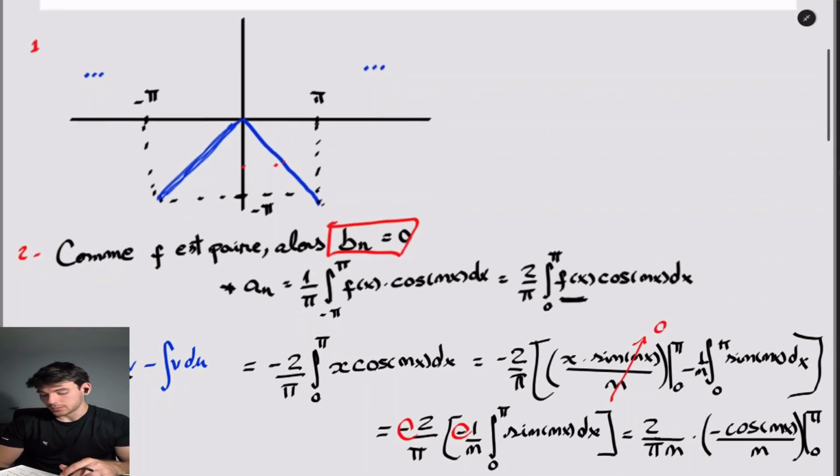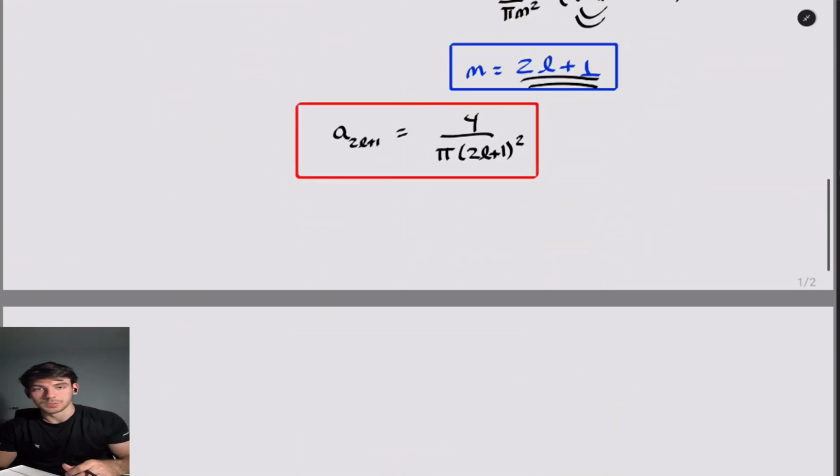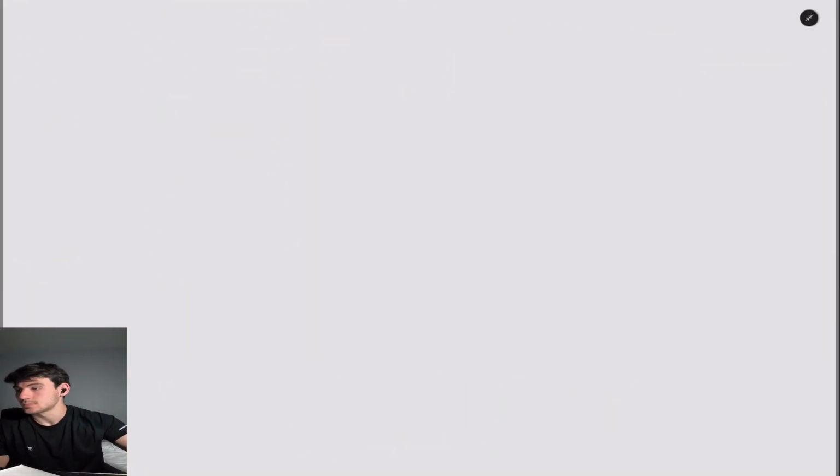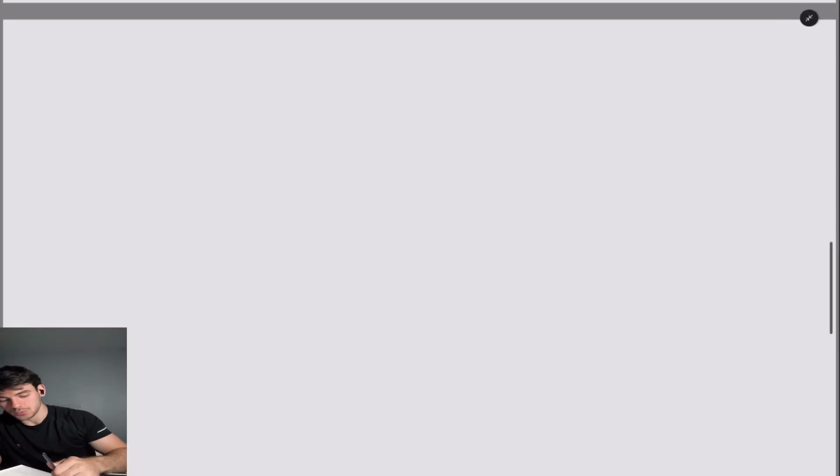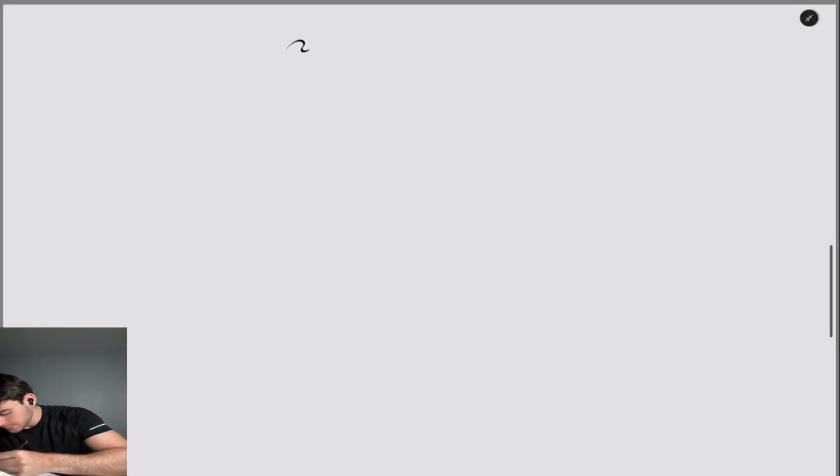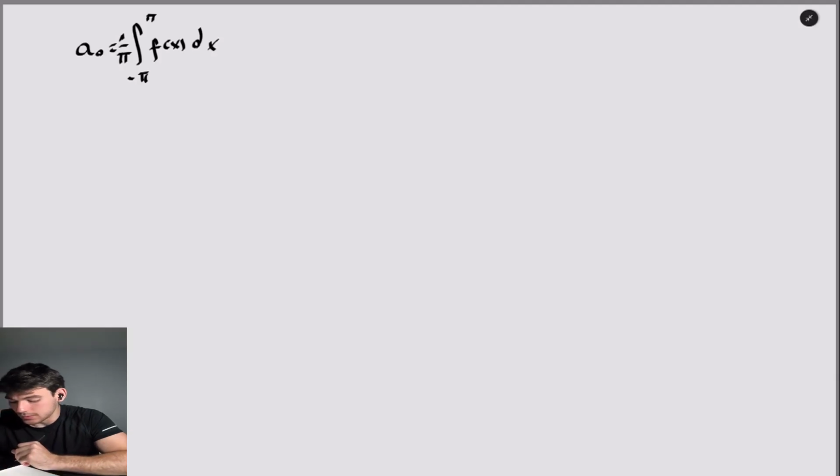And now we need to calculate our a0. Right, so calculating the value of a0 is way easier. We just need to integrate 1 divided by pi from minus pi to pi f of x. And, well, f of x is pair.